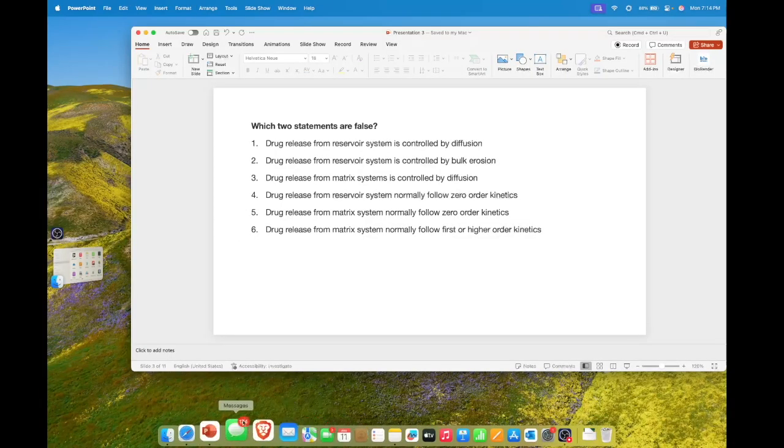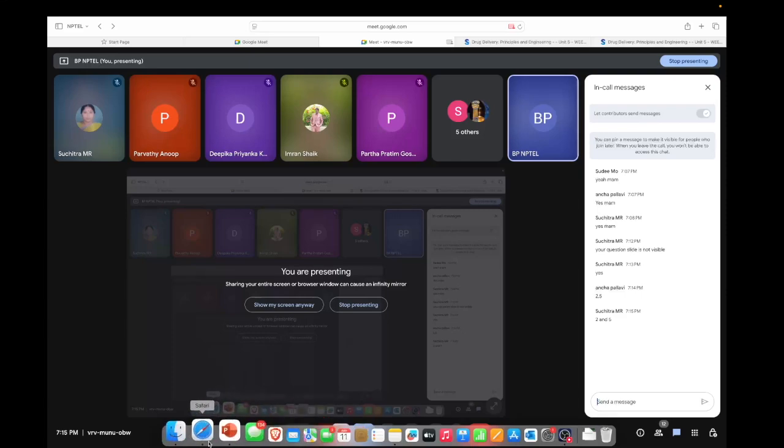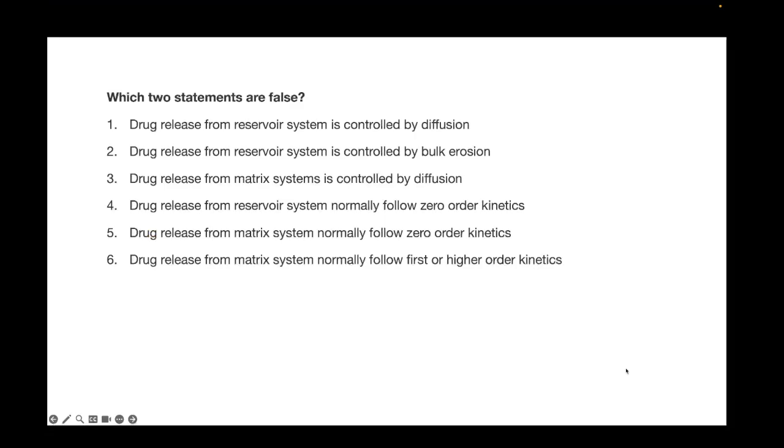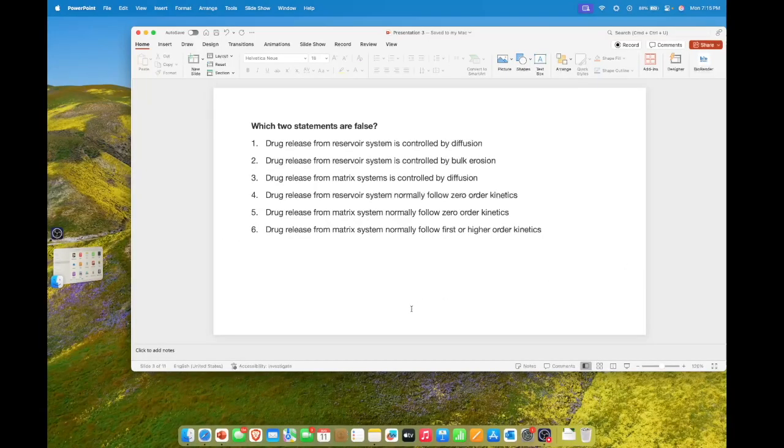Anybody? Option 2 and 5. Okay. Anybody else would like to answer? 2 and 5. Okay. Yes, both of you are correct. So the correct options here are option 2, drug release from reservoir system is controlled by bulk erosion, and option 5, drug release from matrix system normally follows zero order kinetics.